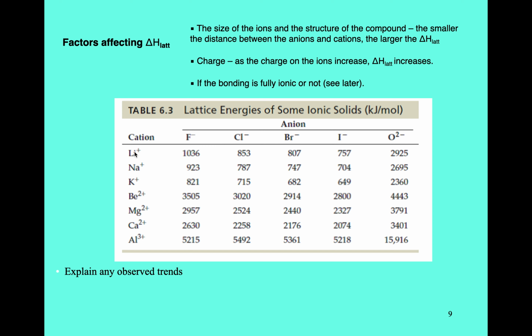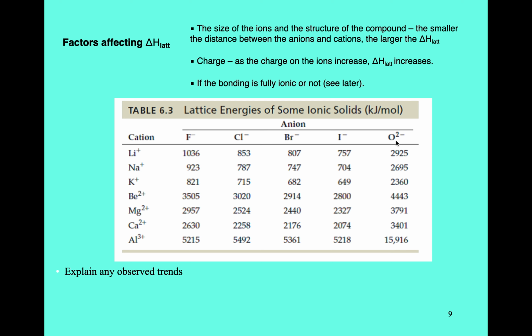What's happening here? Well, we're increasing the charge, aren't we? If we double the charge on the oxide from fluoride, then the lattice enthalpy increases by 3-fold in this case. So charge is very important there, isn't it?